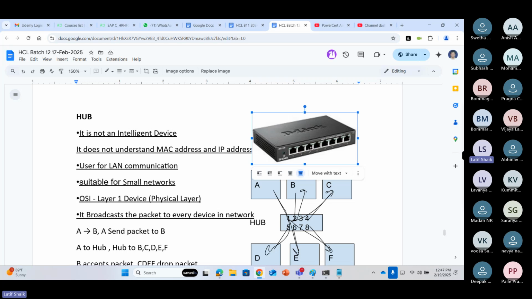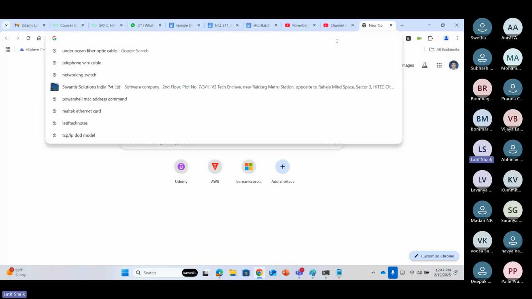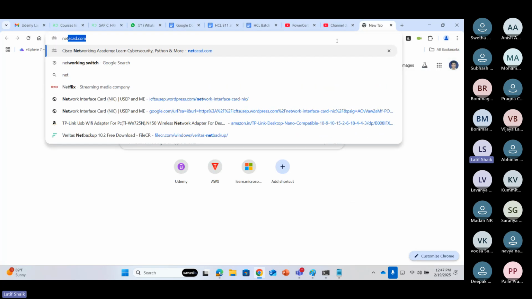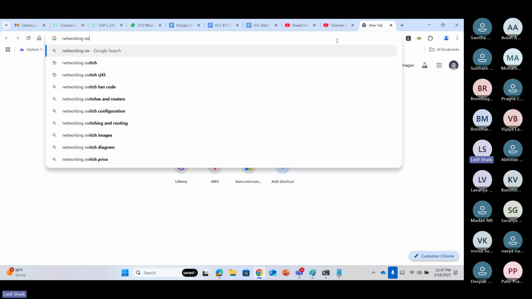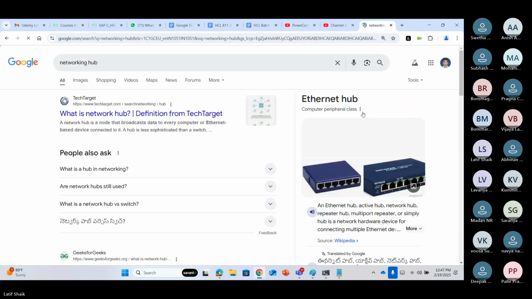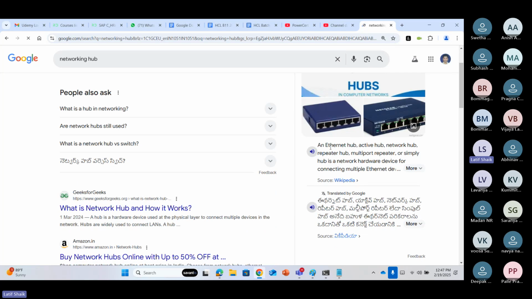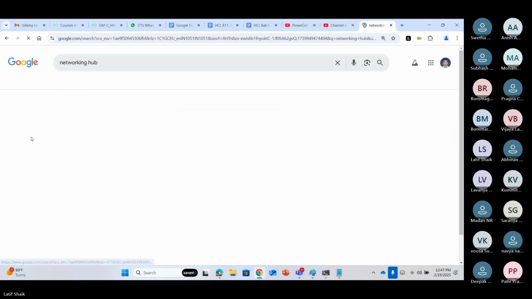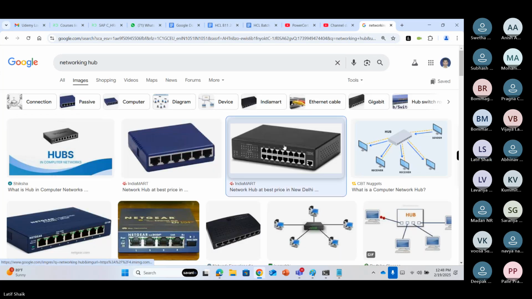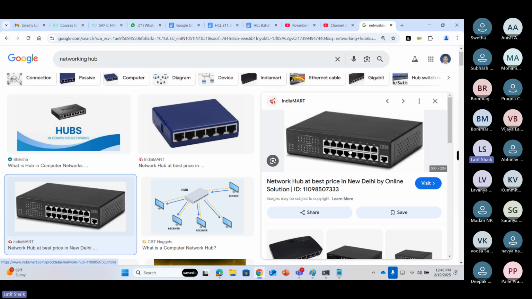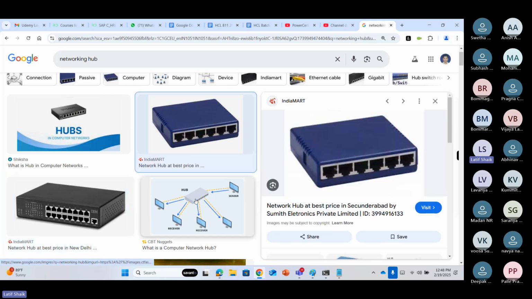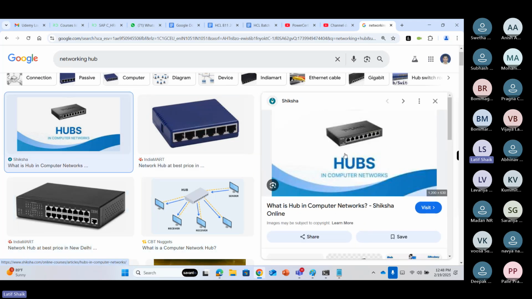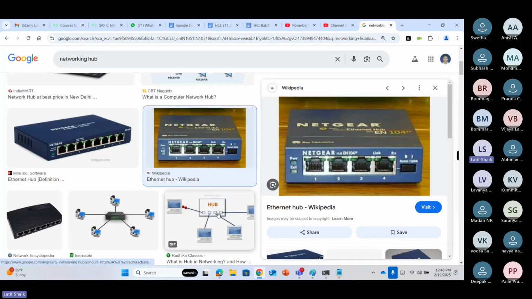Generally, hubs have small port numbers only: 4, 8, or 16 ports. When you want to search, always type "networking hub". Maybe it is a hub or a switch, you have to find it correctly. So, networking hubs.